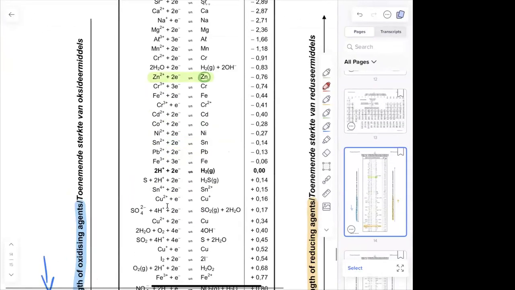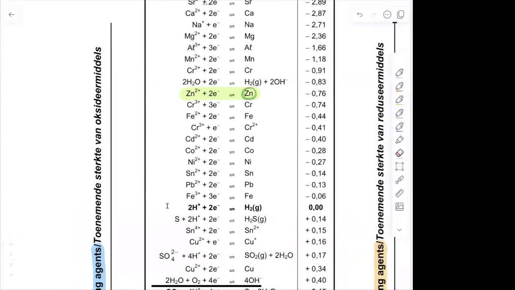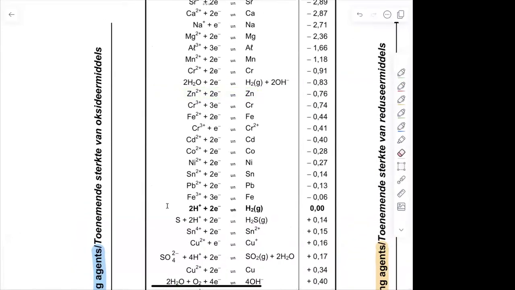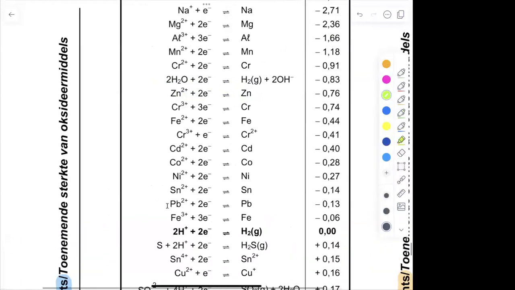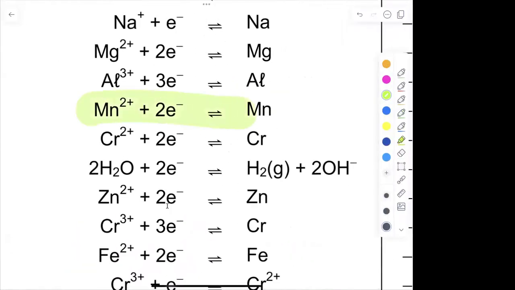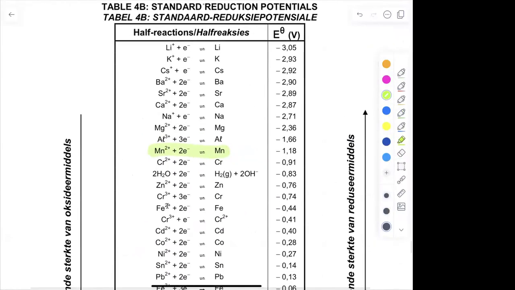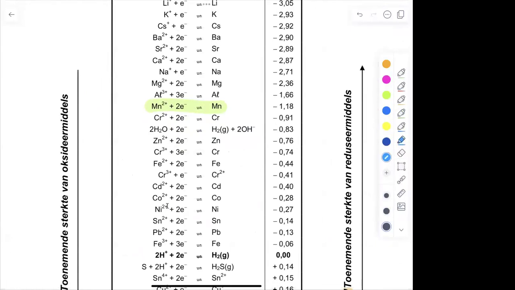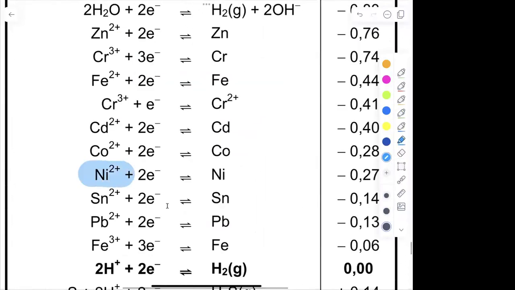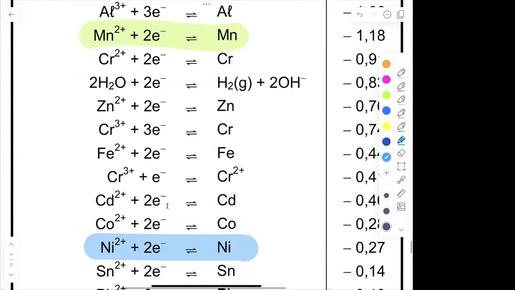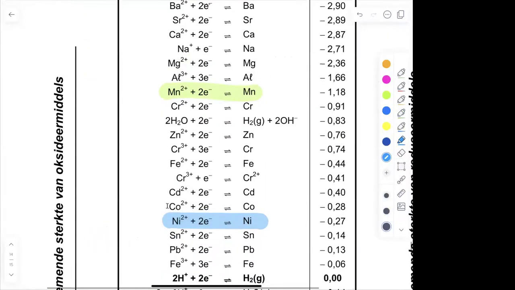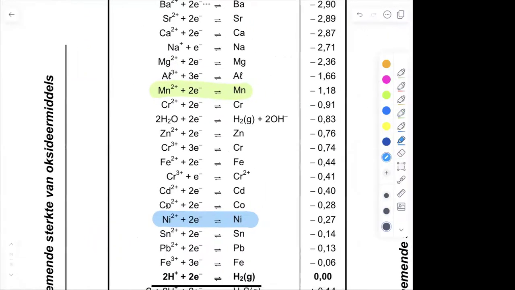So I'm going to just erase the stuff we were dealing with before. So there's our one reaction, which is our manganese half reaction. And then we need to find our nickel half reaction, which is going to be here. Okay, let me put these in here. So keeping in mind, guys, on the right-hand side, as I go up, I get strong reducing agents.